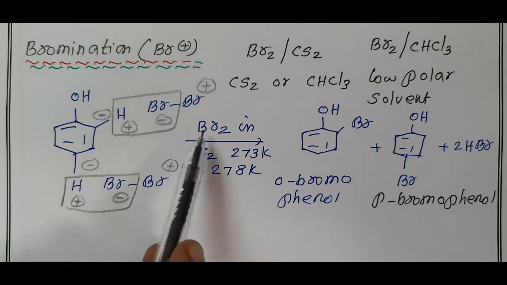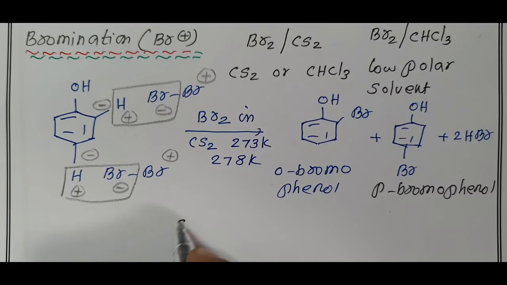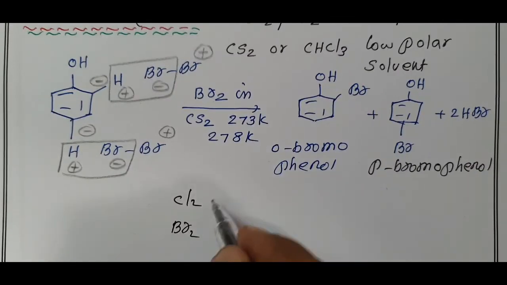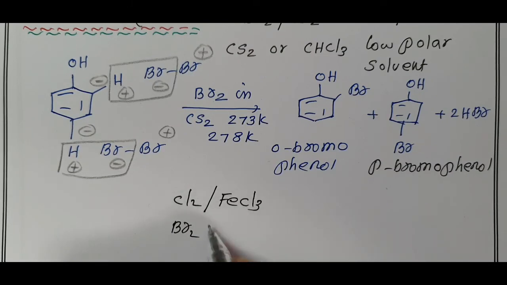In this bromination, I would like to tell one thing. Usually, halogenation, either chlorination or bromination, takes place in the presence of a Lewis acid, ferric chloride or ferric bromide.